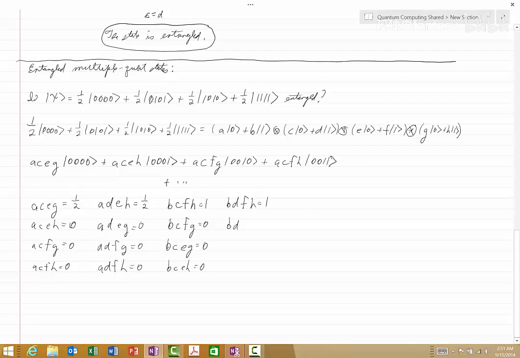So BDEG is 0. BDEH is 0. And finally BDFG is equal to 0.